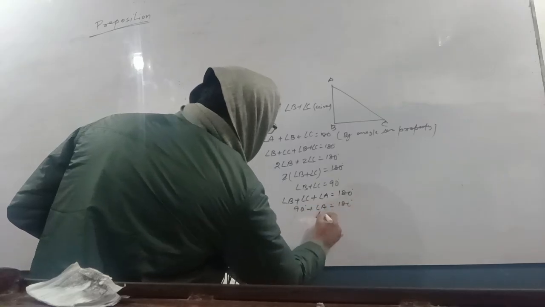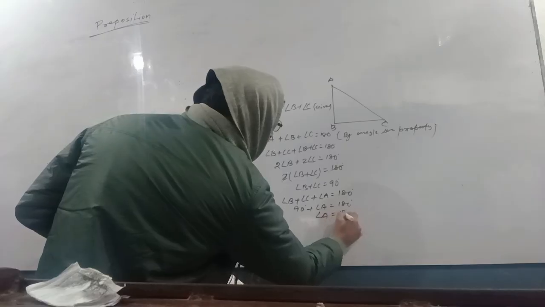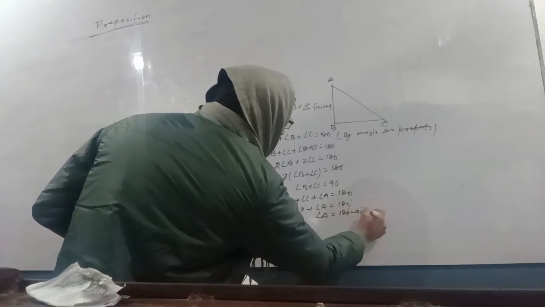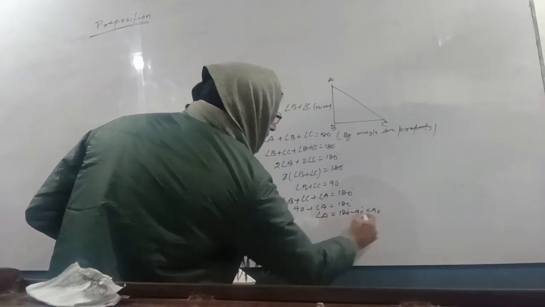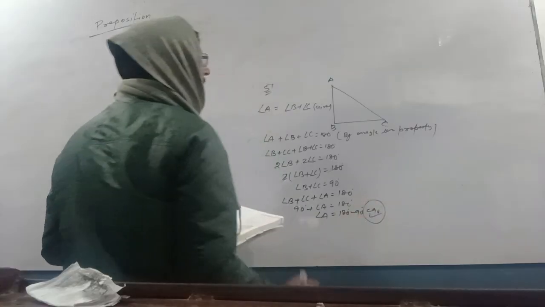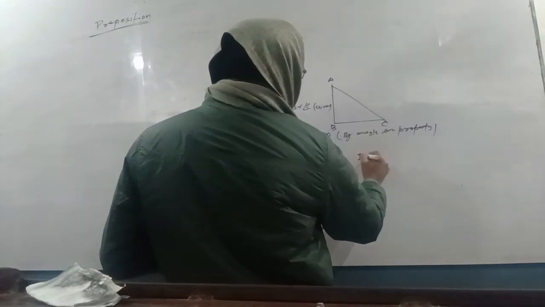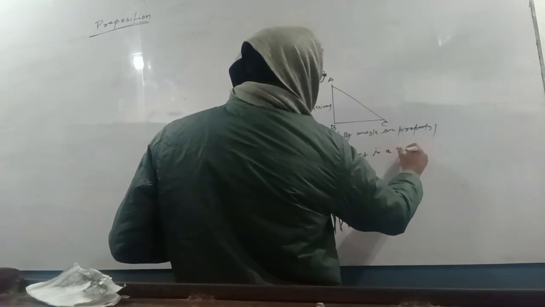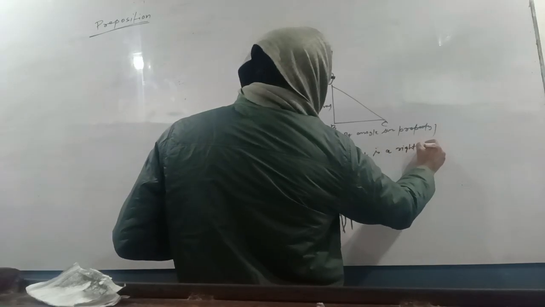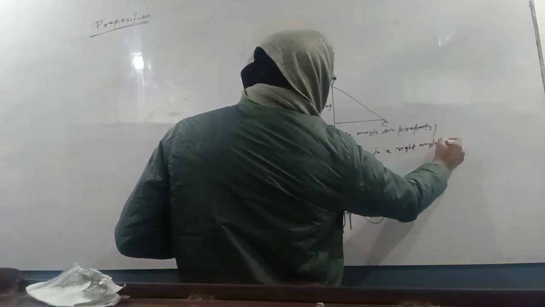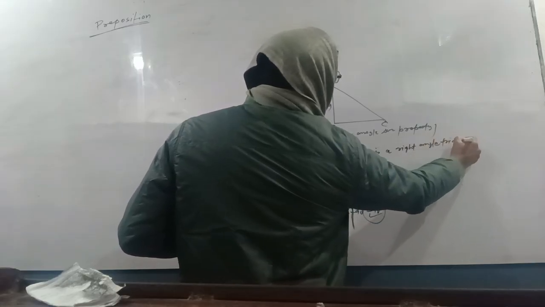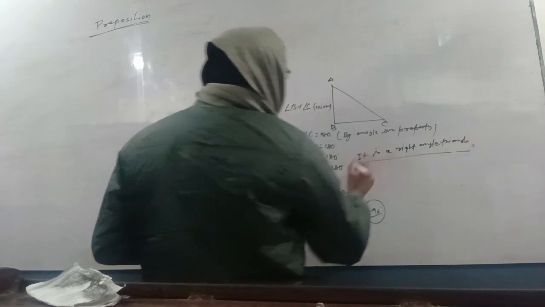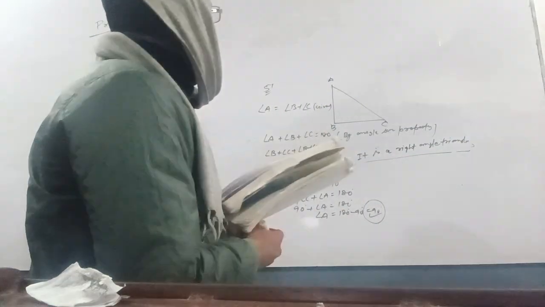So angle A is equal to 180 minus 90 degree equal to 90 degree. So angle A equal to 90 degree. I mean it is a right angle triangle. Clear?